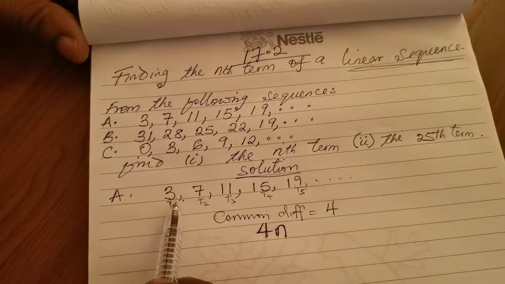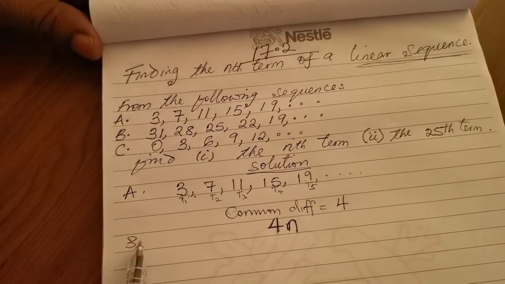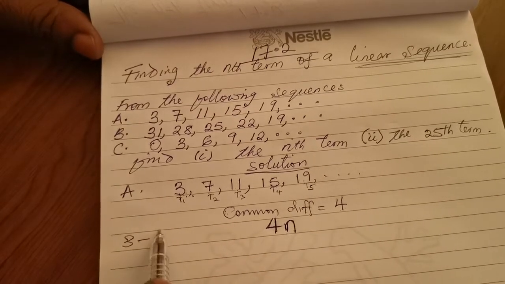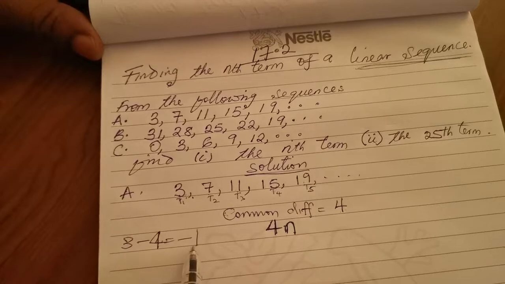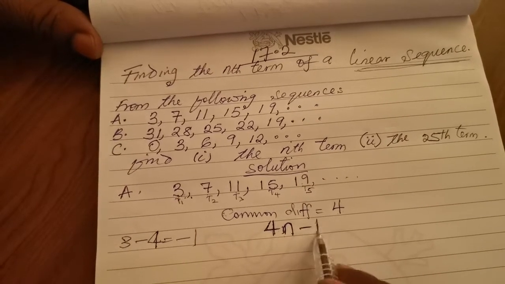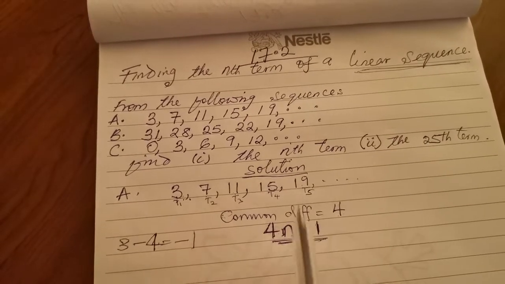My first term is 3, so I have 3 minus 4, which is minus 1. So this gives us 4n minus 1. 4n minus 1 is the nth term of this sequence.